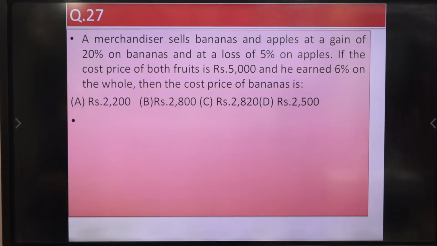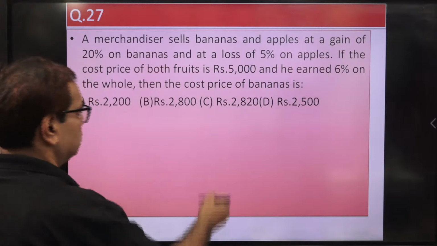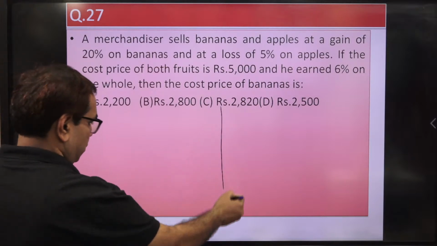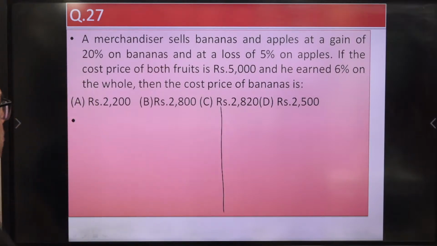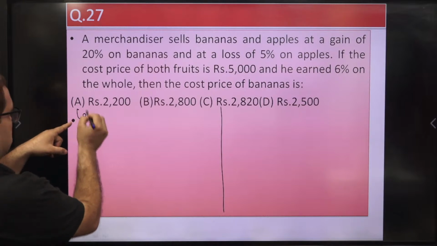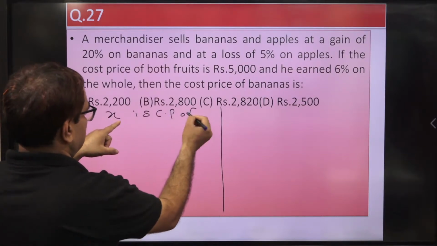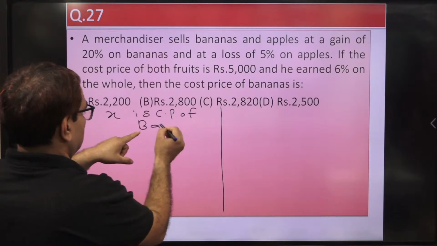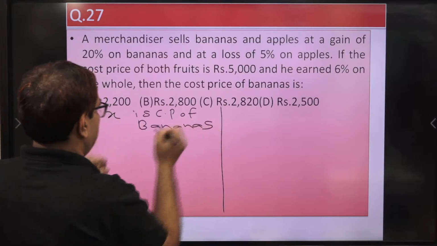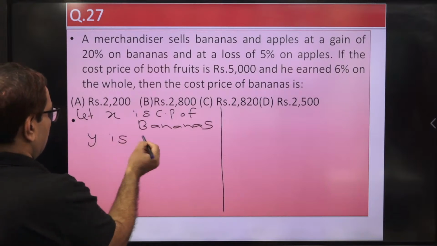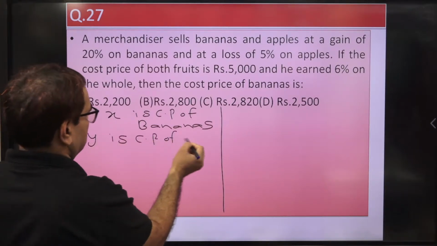Okay. So let me explain to you. Try to understand. We have two types of fruits, bananas and apples. Suppose we assume that X is the cost price of bananas and Y is the cost price of apples.